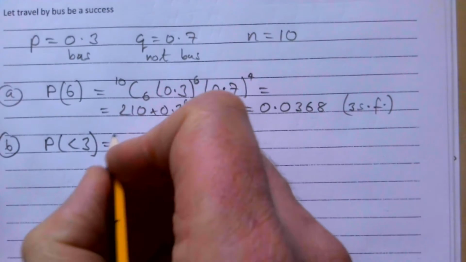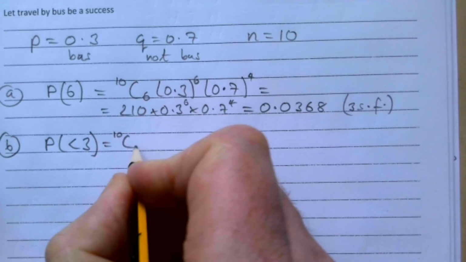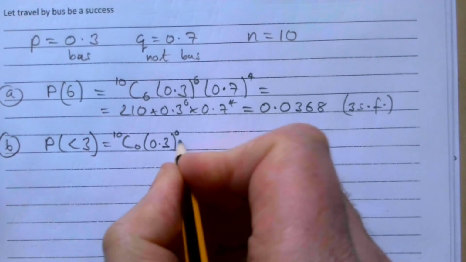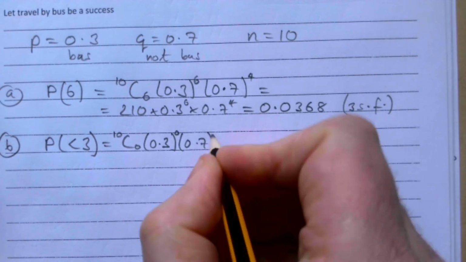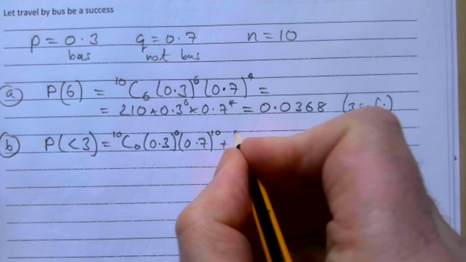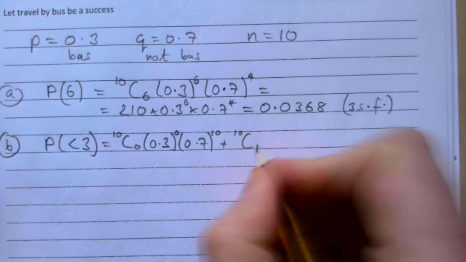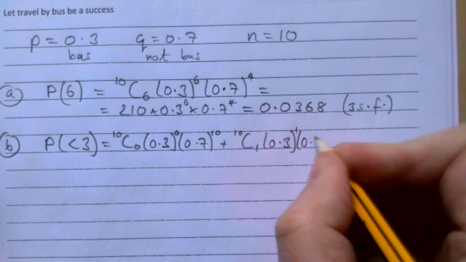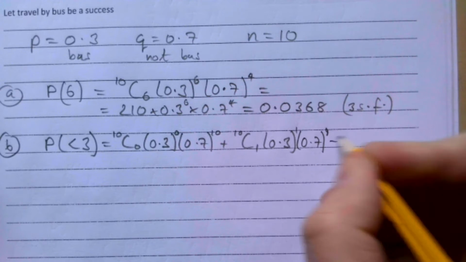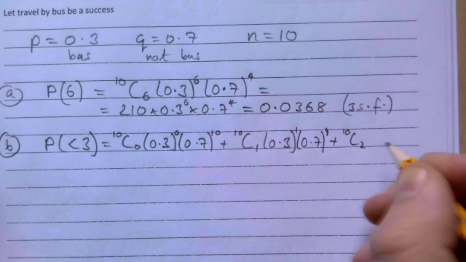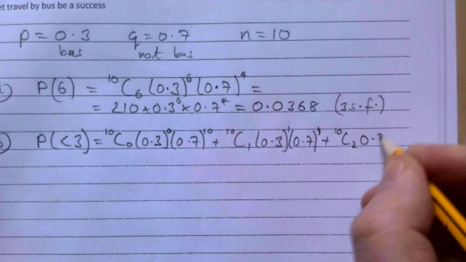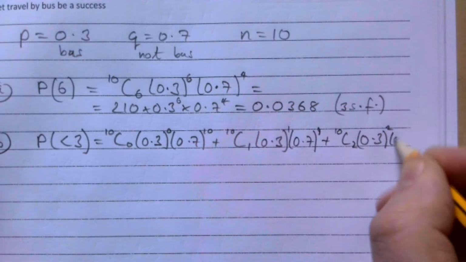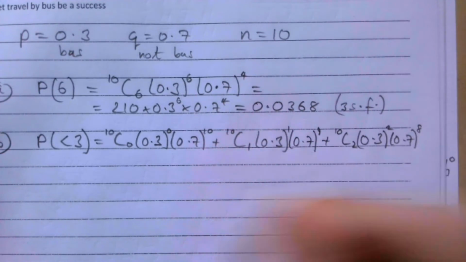options together. So it's going to be 10C0, 0.3 to the power of 0, 0.7 to the power of 10, plus 10C1, 0.3 to the power of 1, 0.7 to the power of 9, plus 10C2, 0.3 to the power of 2, 0.7 to the power of 8.